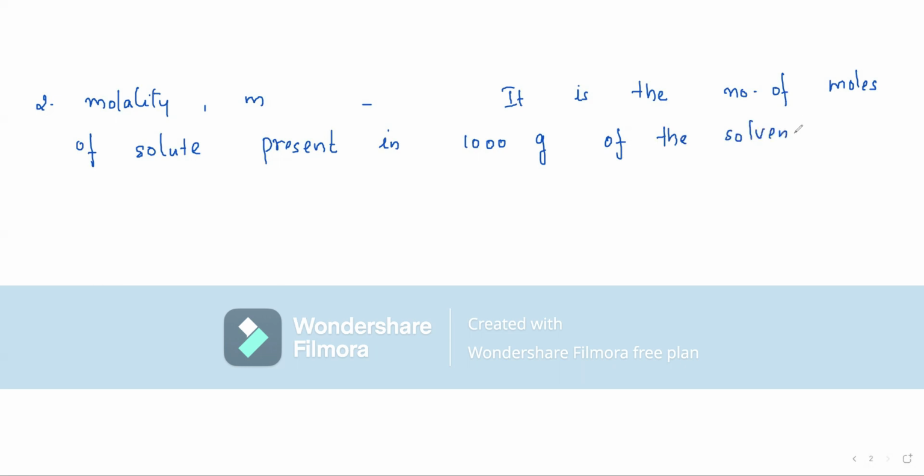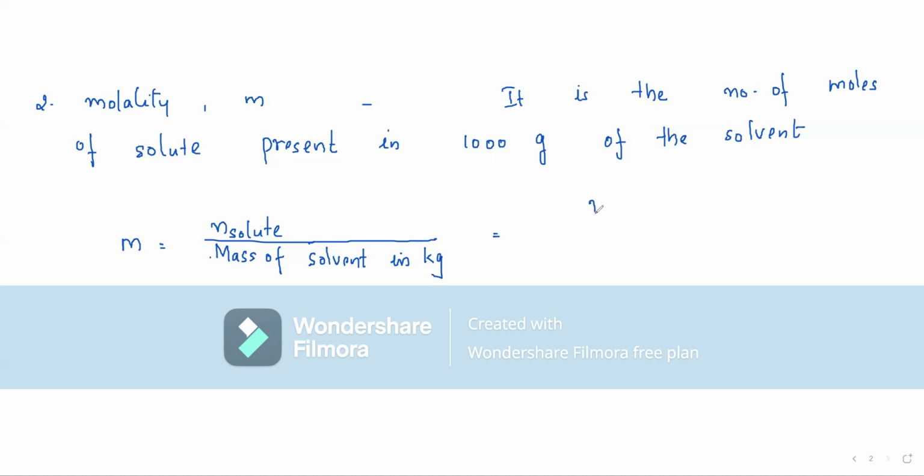Look at the difference. Molarity was number of moles of solute present in 1 liter of the solution, whereas molality is the number of moles of solute present in 1 kilogram of the solvent or 1000 grams of the solvent. So molality is number of moles of solute by mass of solvent in kilogram. 1000 gram is what I'm writing as kilogram.